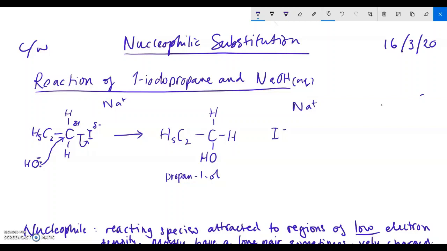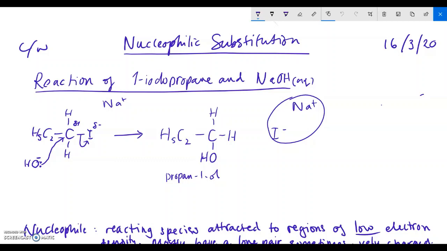It doesn't really affect the reaction itself, and it just ends up as part of the side product of the reaction. So you end up with sodium iodide here.